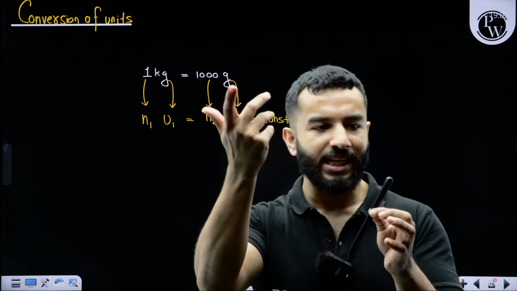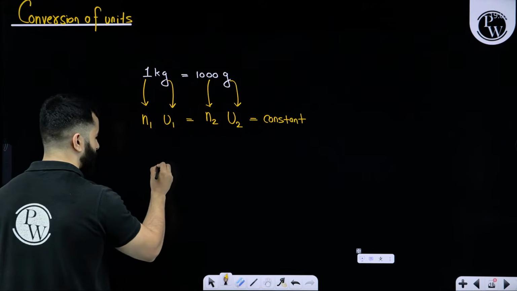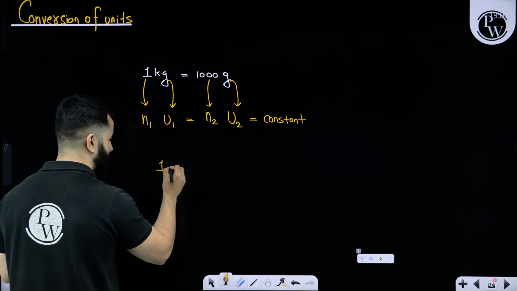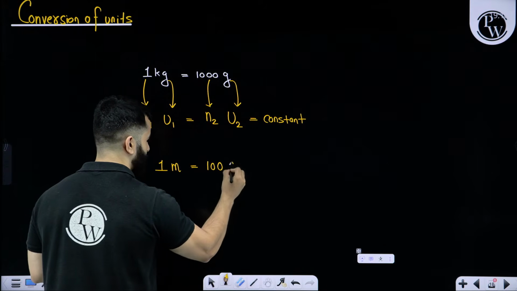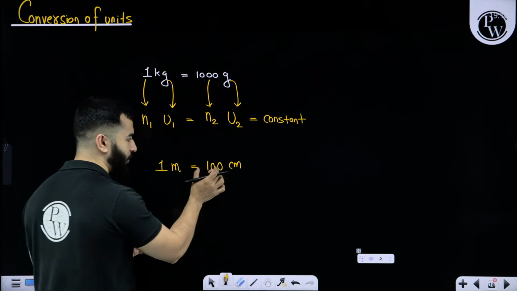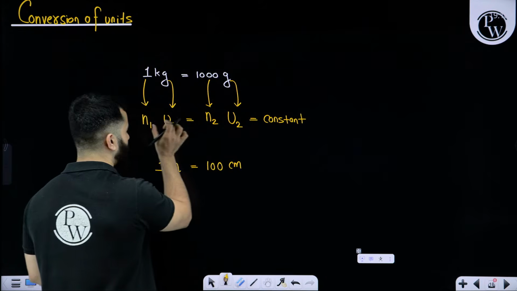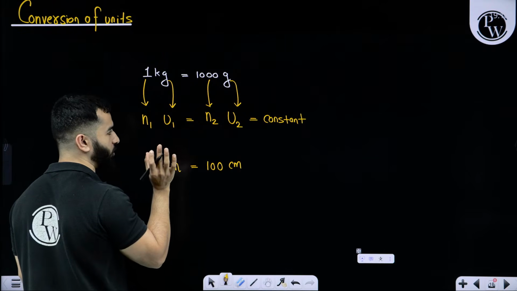The way of representing it might change. So either you can say 1 meter, or you can say it as 100 centimeter. Information is the same, the way of communicating is slightly different, the numerical value is different. So the product of numerical value and unit will remain constant. Got it?